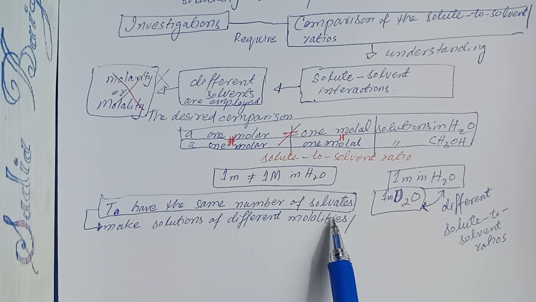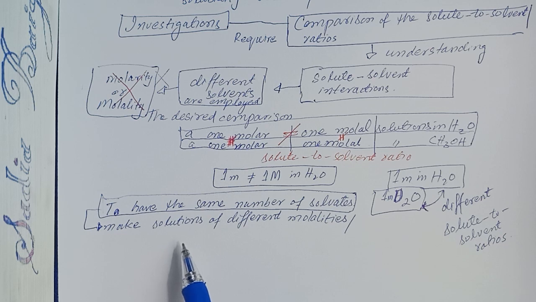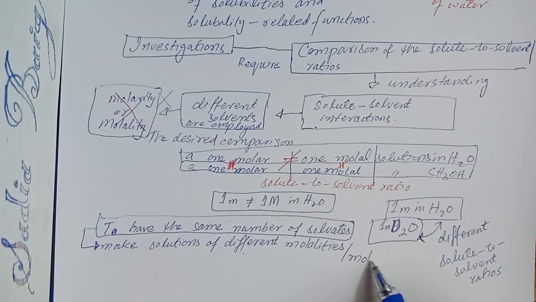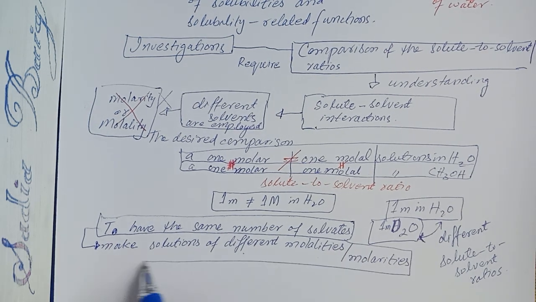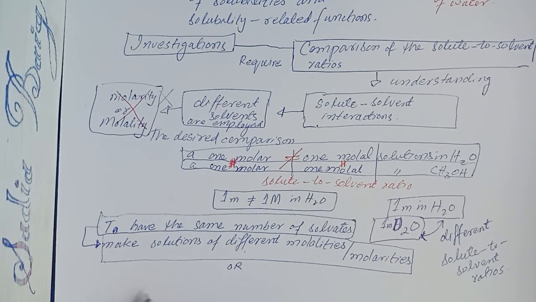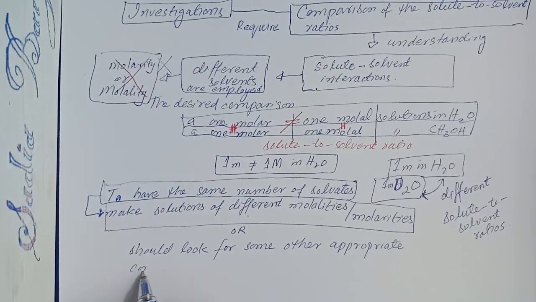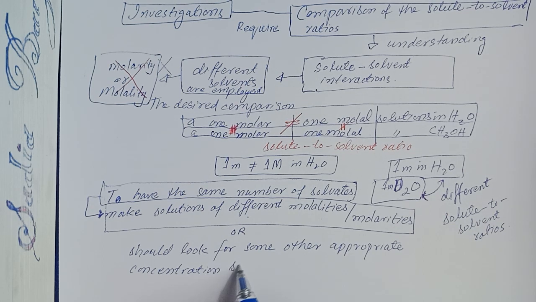So to have the same number of solvates formed in a given amount or moles of the two different solvents, one has to make solutions of different molarities, or should look for some other appropriate concentration scale.